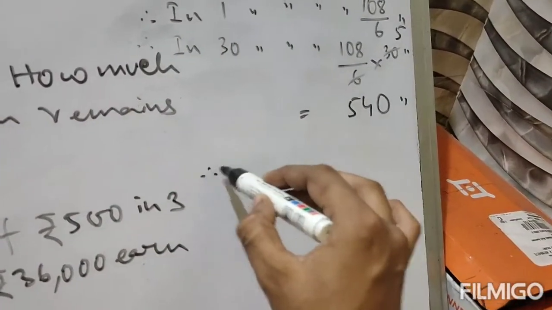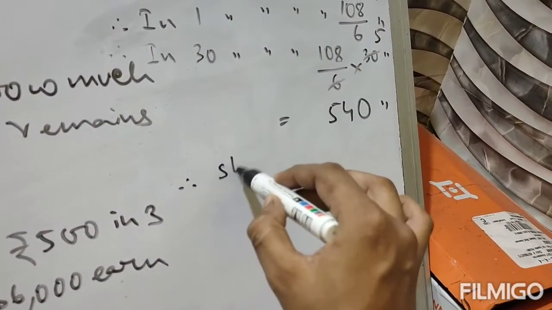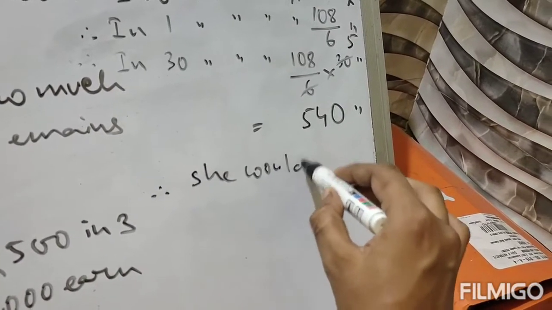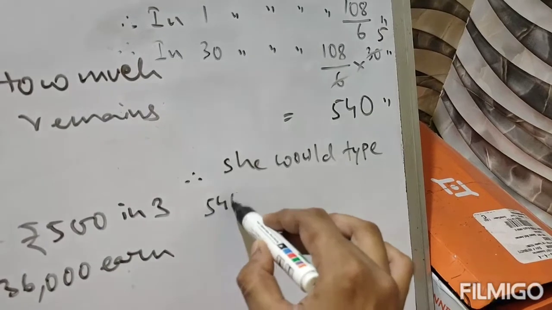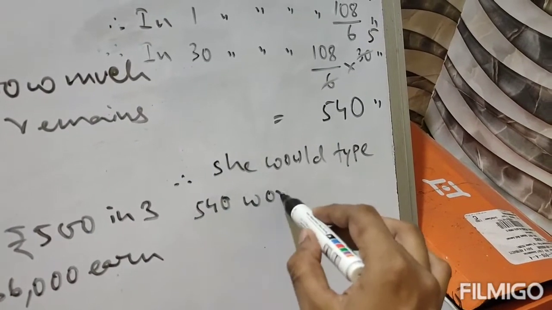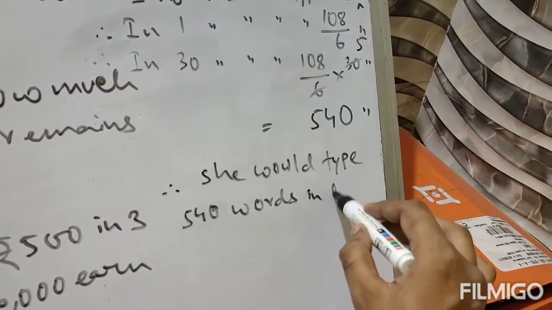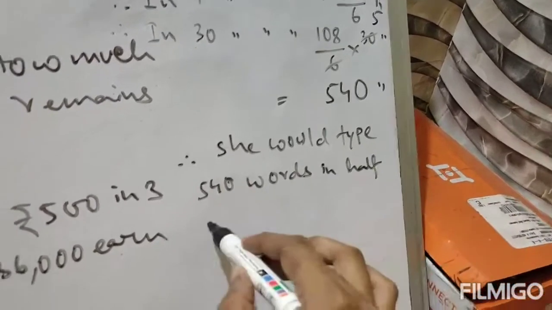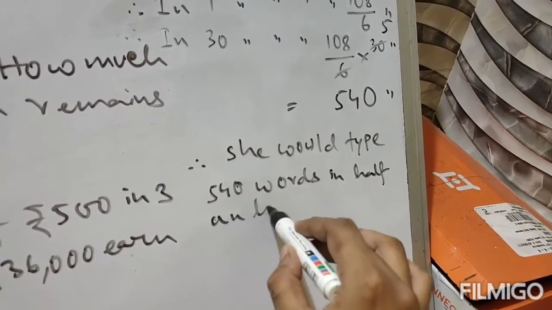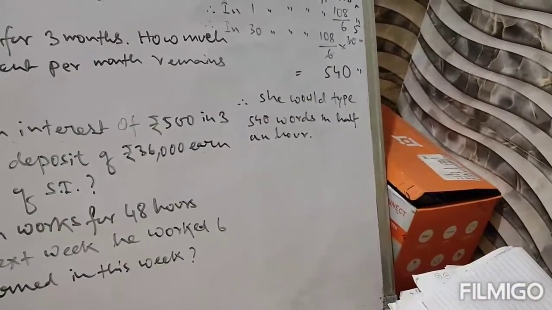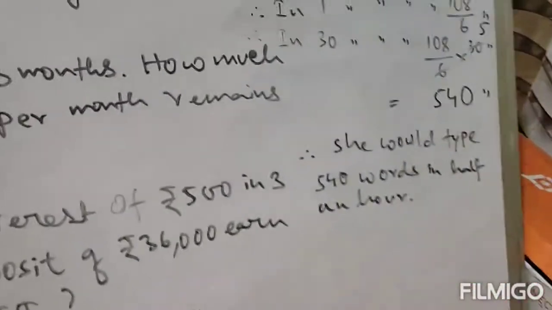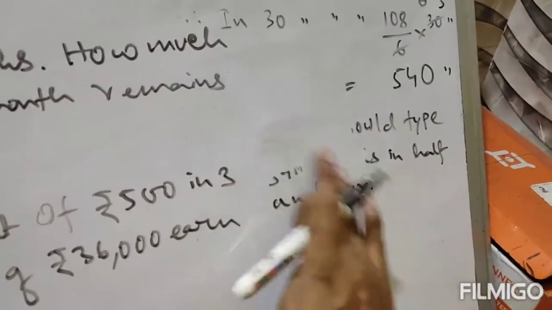Therefore the answer: she would type 540 words in half an hour. Next, question number 5.